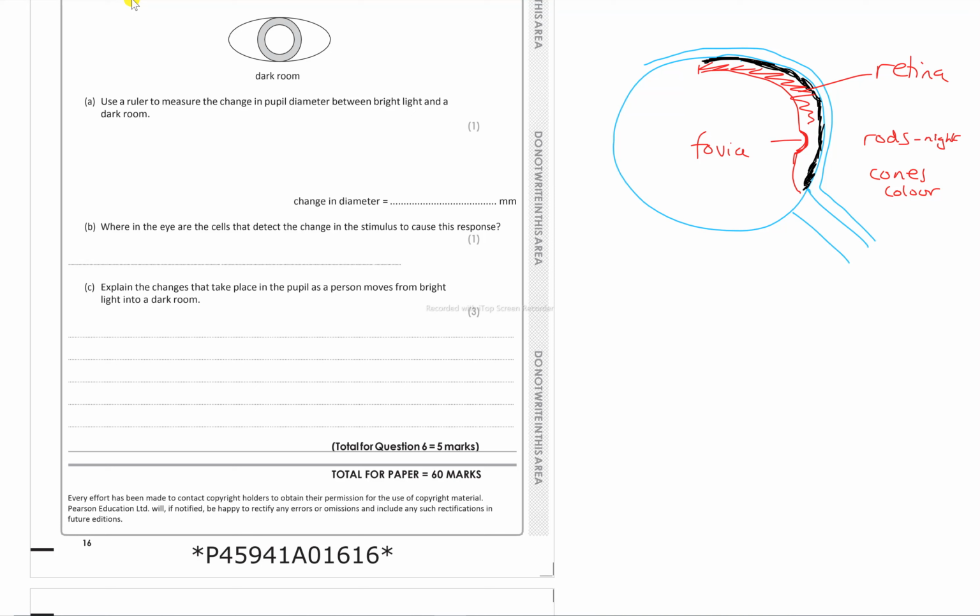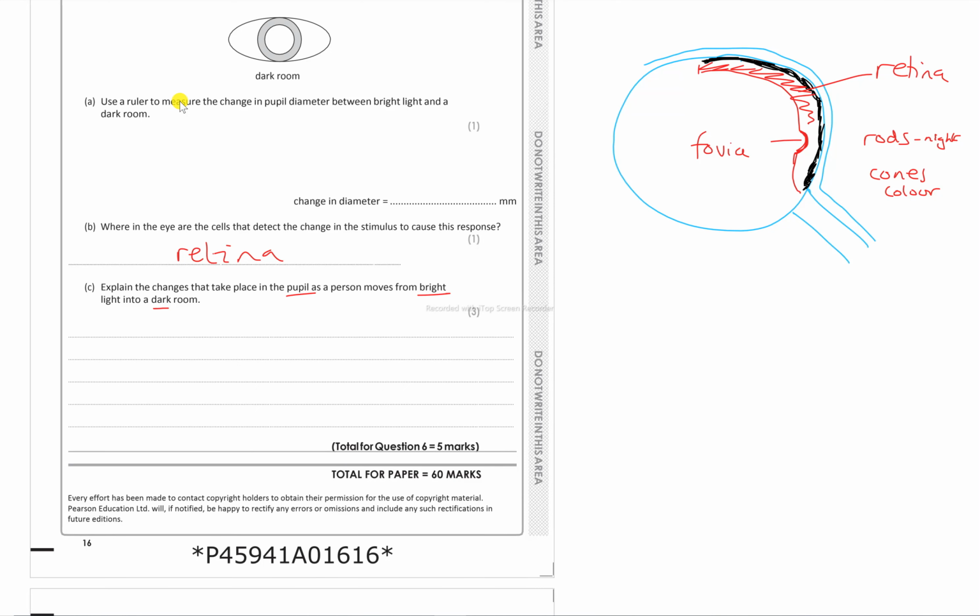Cones are no good at night because there's no light, so it's just black and white images. Right. So where in the eyes are the cells that detect the stimulus? It's in the retina.